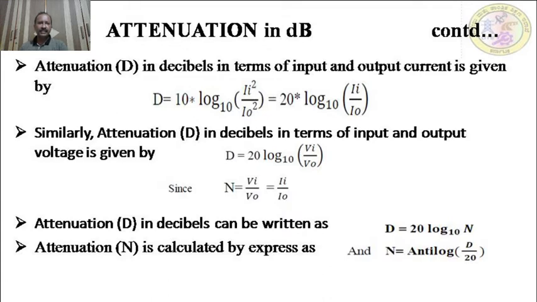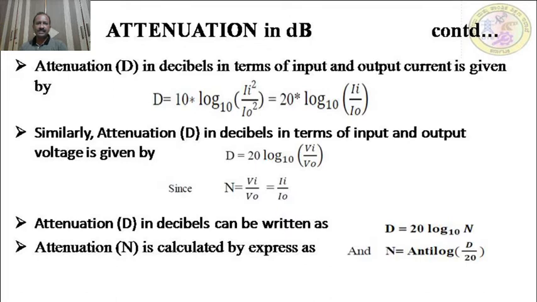Attenuation D in decibel can be written as D is equal to 20 log base 10 n in terms of current and voltage. Sometimes you want to calculate the n value using this expression: n is equal to antilog D divided by 20. Using this expression, you can calculate attenuation.